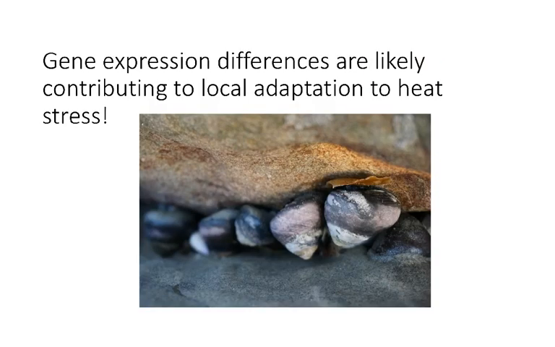So the conclusion here, based on all of this RNA-seq data, is that gene expression differences are indeed likely contributing to local adaptation to heat stress, and that's in addition to the outliers that I've also identified from the ddRAD RAD-seq study.